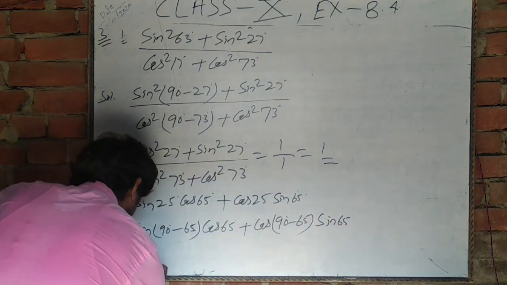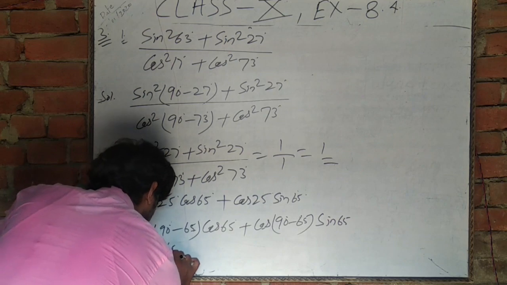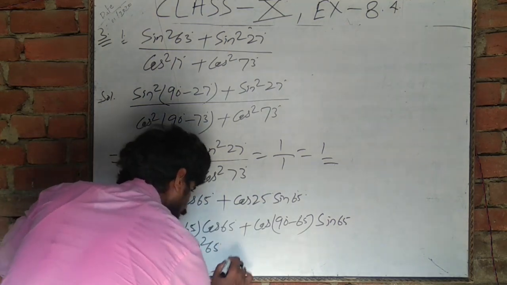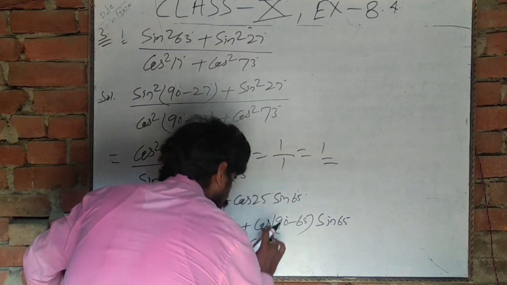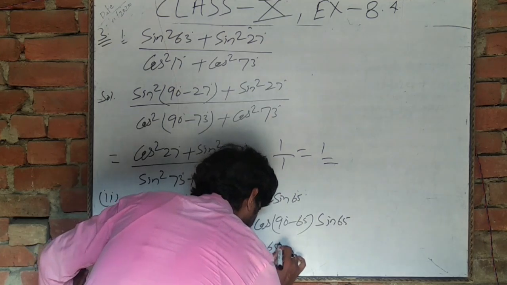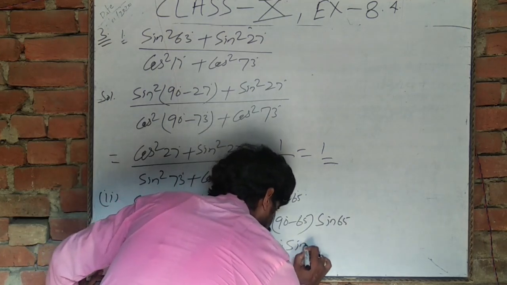Sin 90 minus theta is equal to cos theta, so cos 65 degree plus cos 90 minus theta is equal to sin theta, sin 65 degree into sin 65 degree.